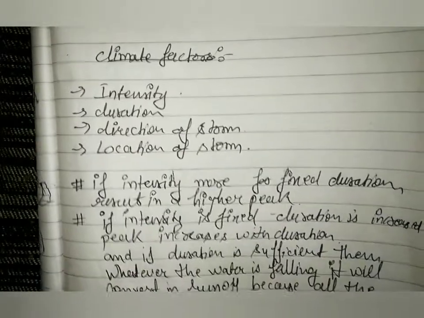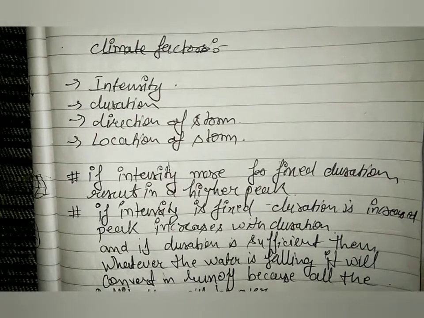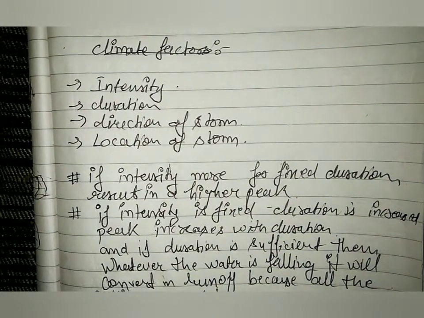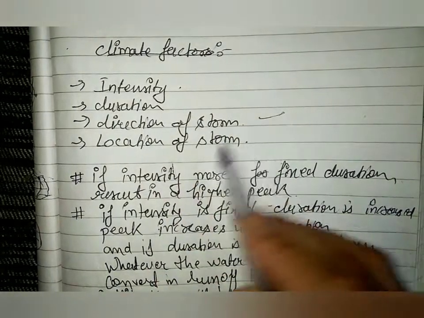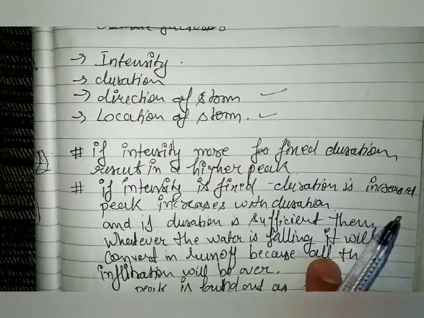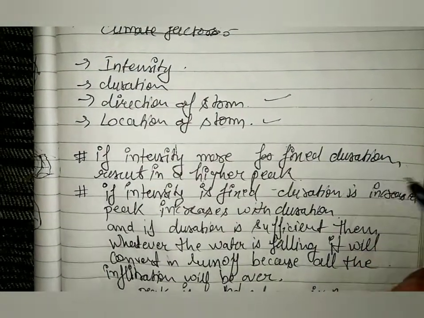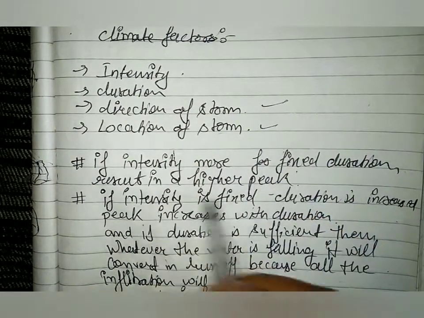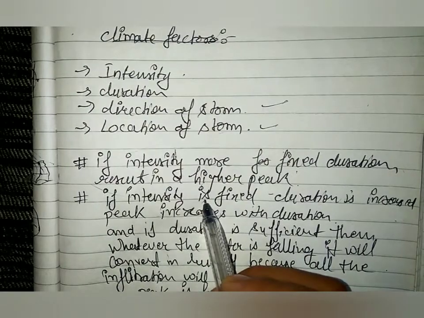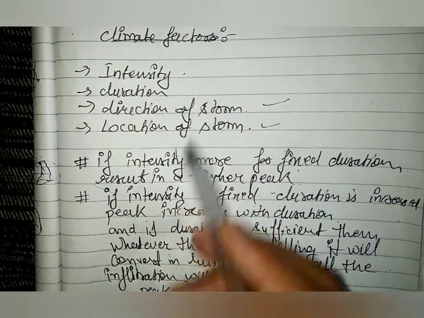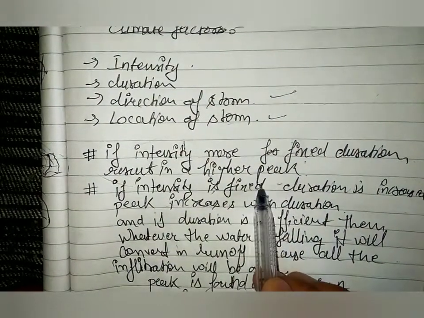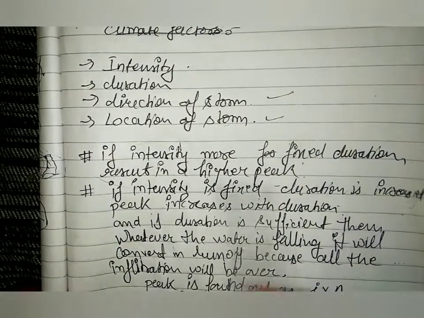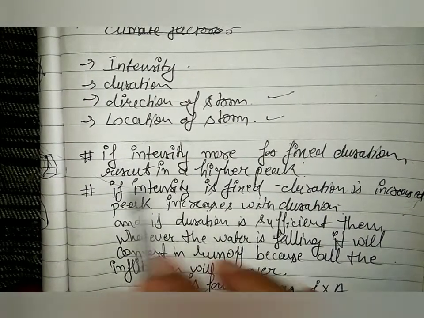Now another one is the climatic factor. These factors are the intensity, duration, direction and location of the storm. If the intensity of rainfall is more, then for a fixed duration it will result in a higher peak. If the intensity is fixed and the duration is increased, then the peak increases with the duration.